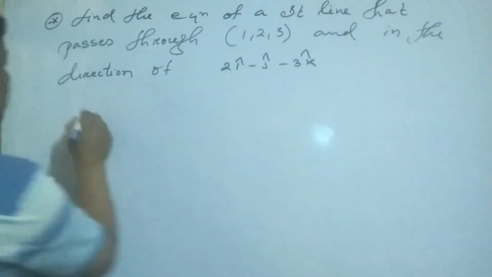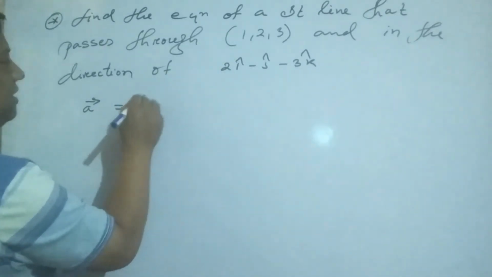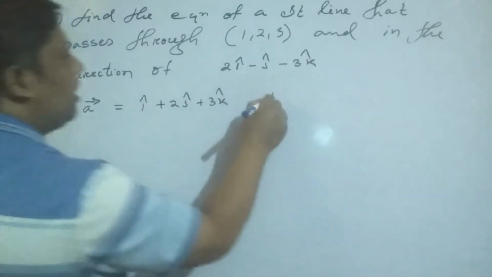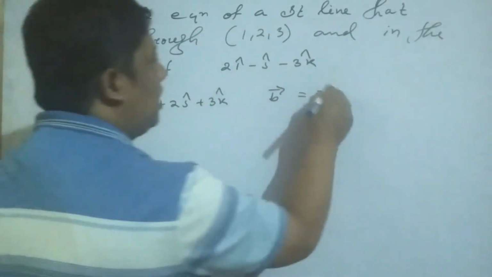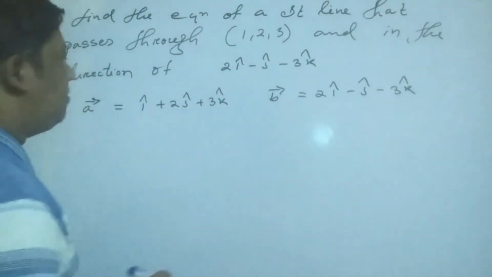That means, my dear students, you are given the point through which the line passes, i plus 2j plus 3k, that is the point, and the parallel vector is given, 2i minus j minus 3k.